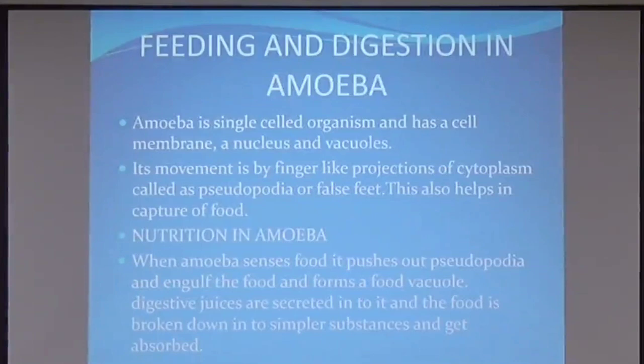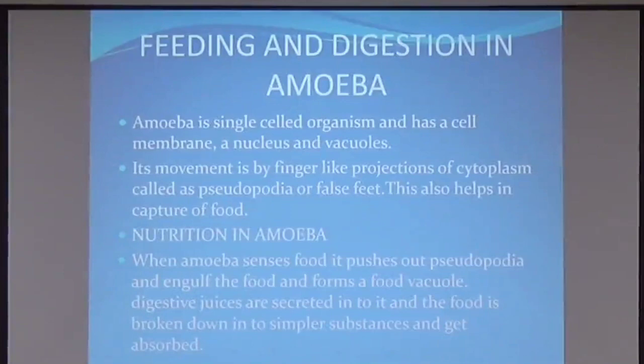So, in order to check what you have understood, we will do the spiral work, level 1 and level 2 also, so that you will be able to check your knowledge on this chapter.